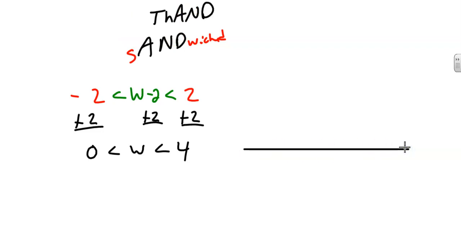Now again, they give you a big, huge number line that goes from negative 11 all the way up to positive 11. You only really need the 2 numbers that you have here.